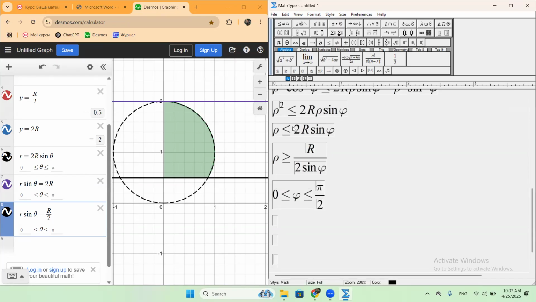And rho changes from r over 2 sine of phi to r sine of phi.